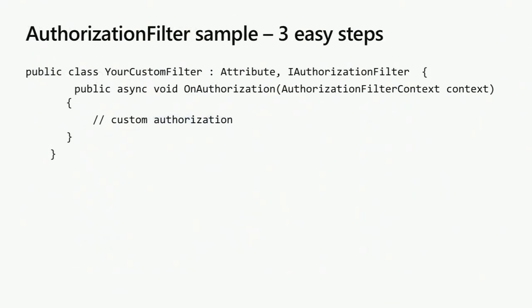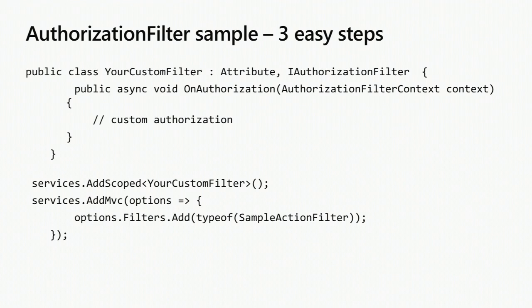So if you want to add some filter, you can add some class which will realize an interface, for example, the authorization filter. And inside this class, you should implement some method. Each filter has its own methods, but this filter has its own authorization method. Inside you can check, for example, the username. You can check the user role, and you can have your own custom logic inside.